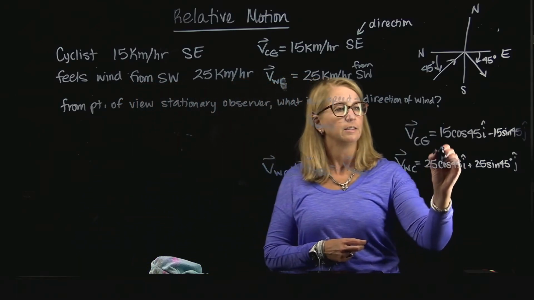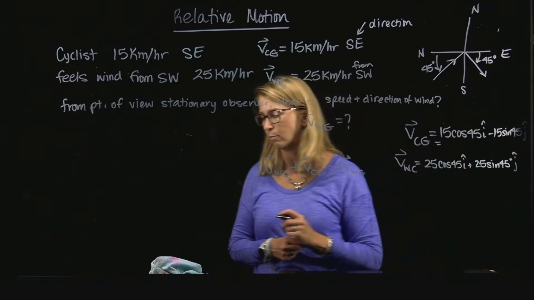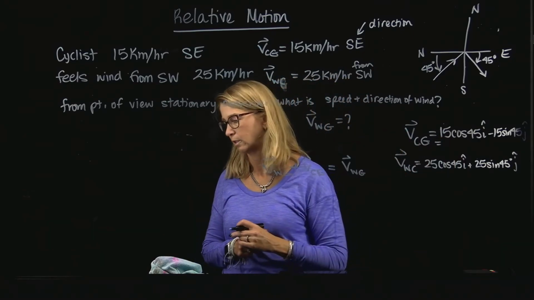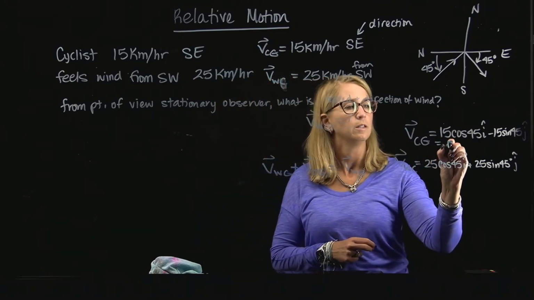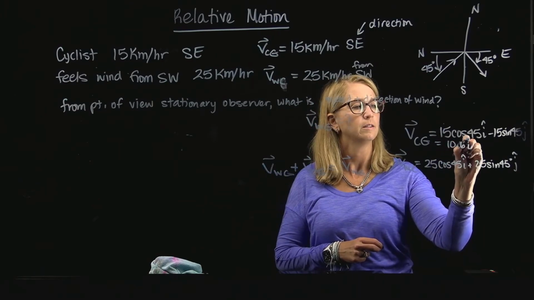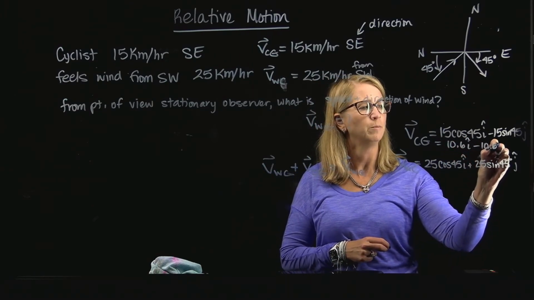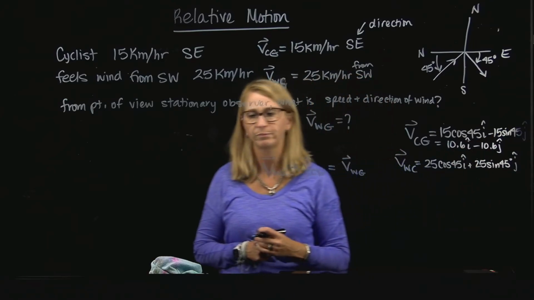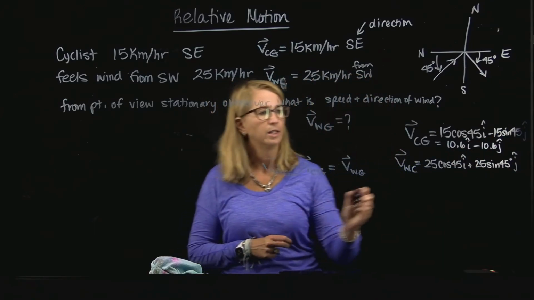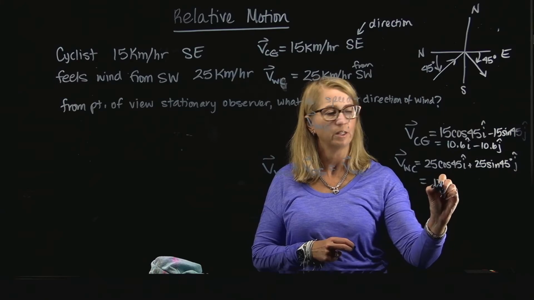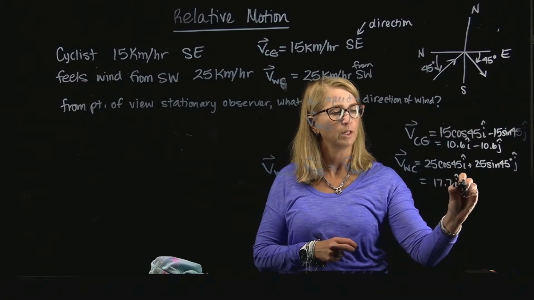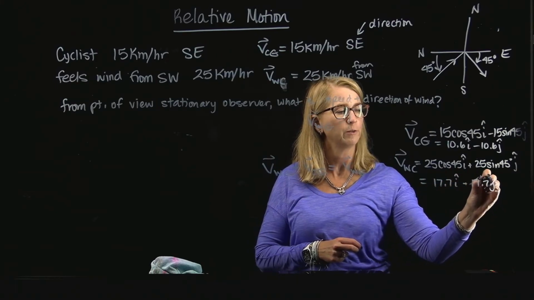So if I use the numbers here, just to let you know, this would be 10.6 i minus 10.6 j. And the velocity of the wind relative to the cyclist is 17.7 i plus 17.7 j.